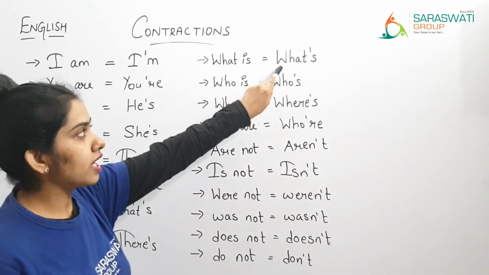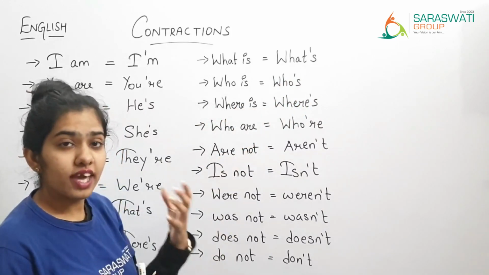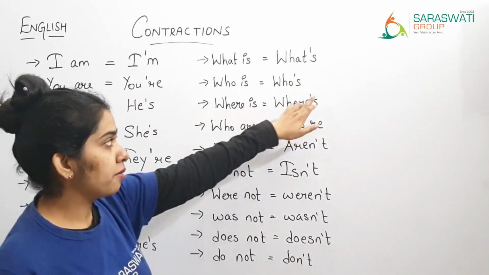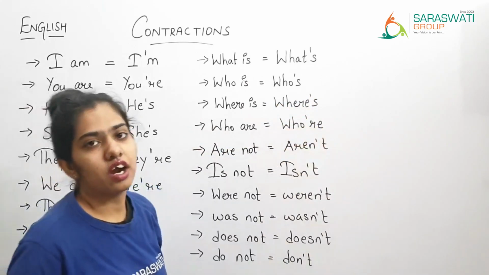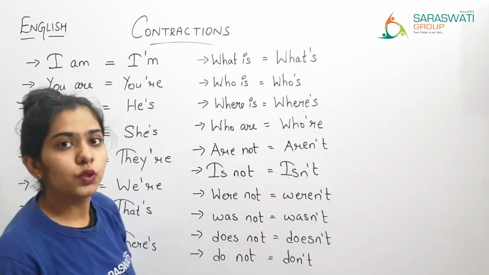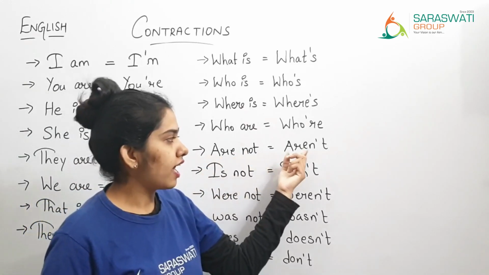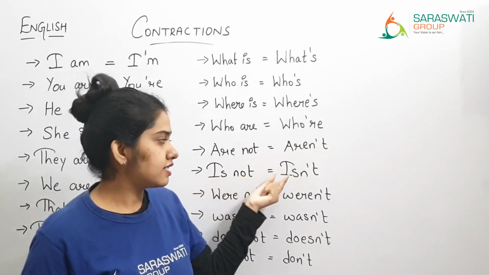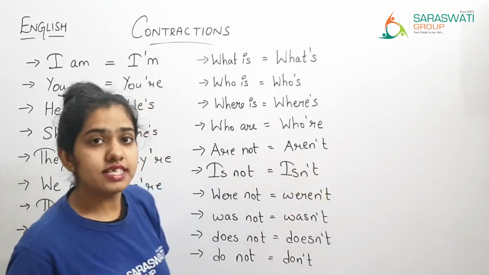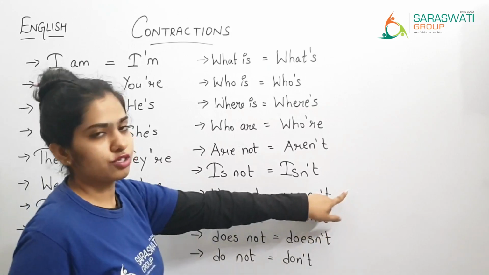What is, what apostrophe s, who is, who apostrophe s, where is, where apostrophe s, where's, who are, who apostrophe re, who are plus not, are and apostrophe t, aren't, is not, is and apostrophe t, isn't, were not, were and apostrophe t.